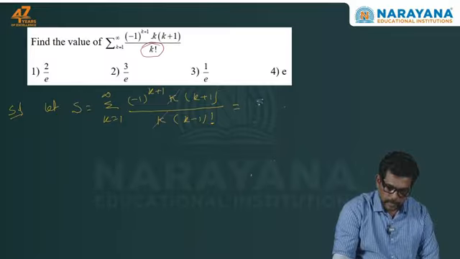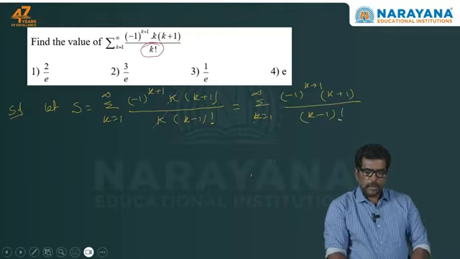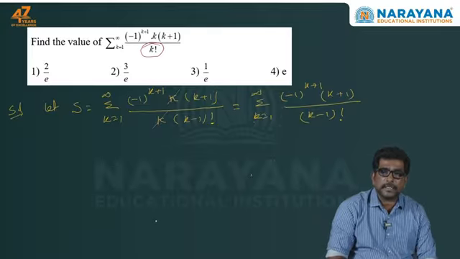Now this becomes S is equal to summation k is equal to 1 to infinity, minus 1 whole to the power of k plus 1 into k plus 1 upon k minus 1 factorial. Now by separating, the numerator is k plus 1 and the denominator is k minus 1 factorial.